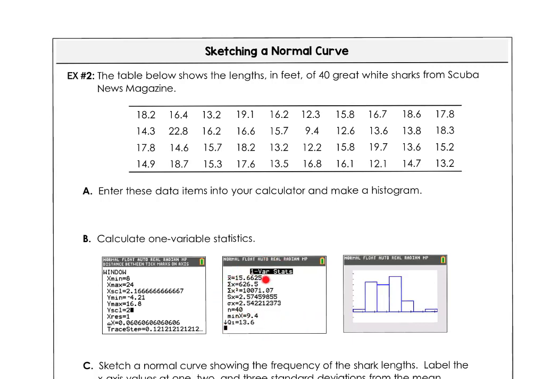You see I've got X bar as 15.7, so that's going to represent my mean, or mu, 15.7 feet. That's going to be in the middle. And sigma is right here, 2.5.